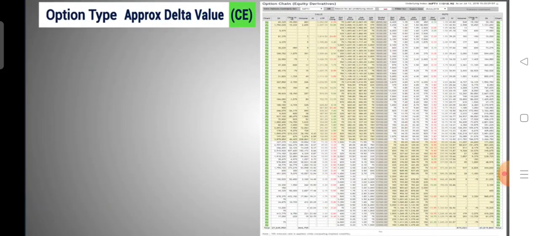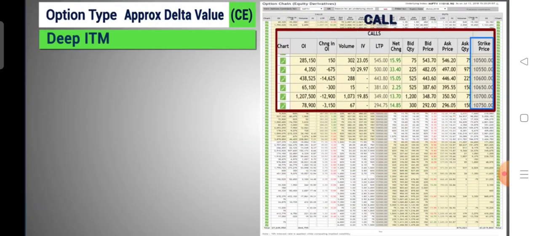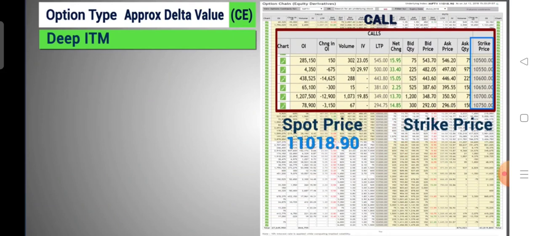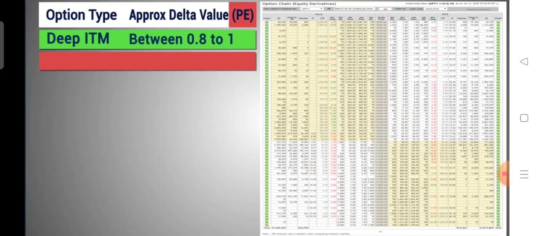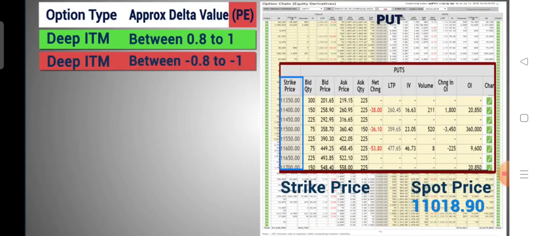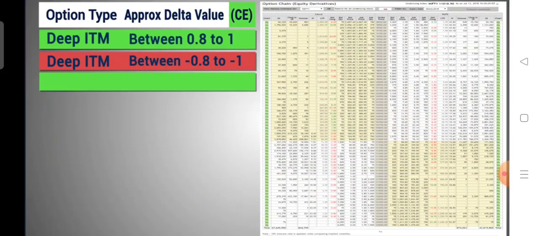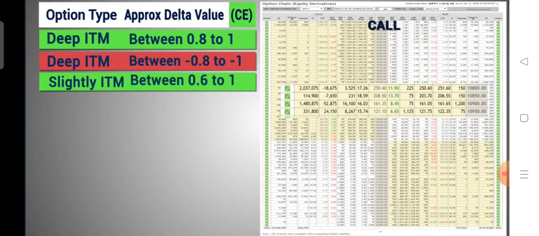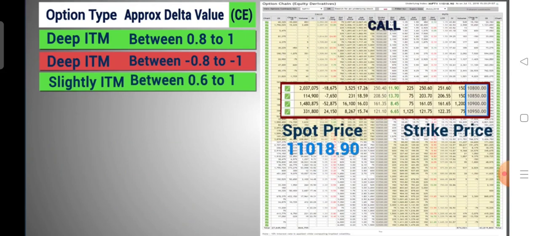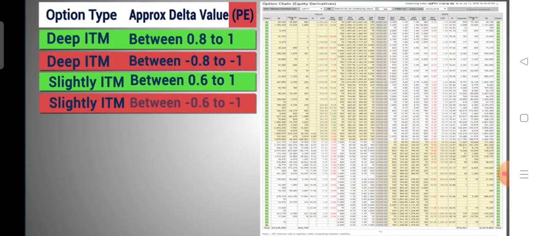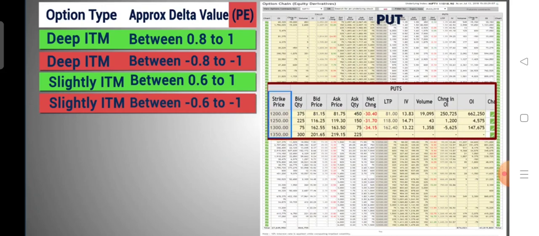If the option type is deep in the money, a call option delta value will be approximately between 0.8 to 1, and for the put option it would be minus 0.8 to minus 1. If the option is slightly in the money, then the call option delta is normally between 0.6 to 1, and for put option it is minus 0.6 to minus 1.